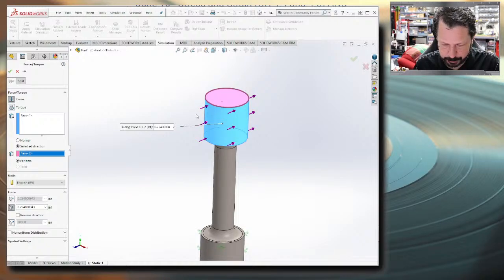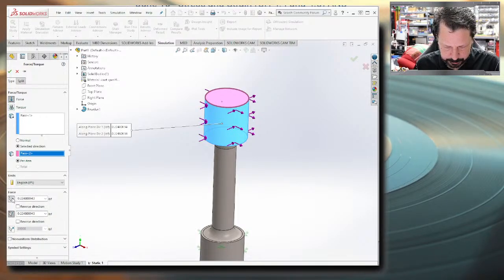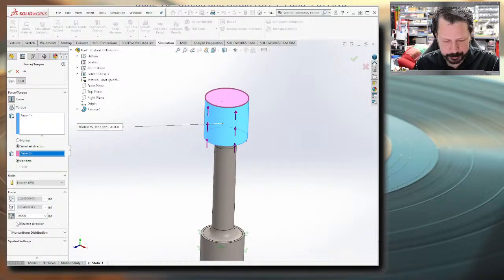I was not applying it as a force. Let's see if I can. There we go. I have to figure out which one of the selections will actually apply it the way I want it to. Now we've got it set up.